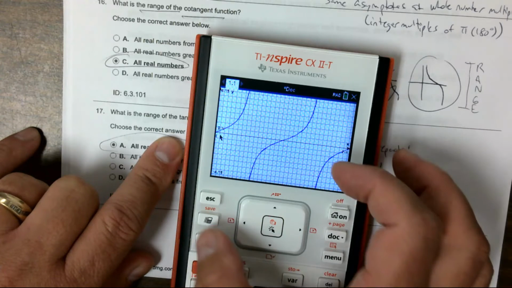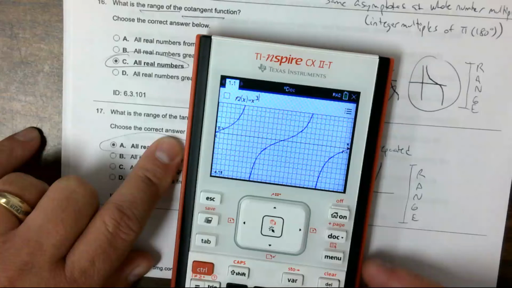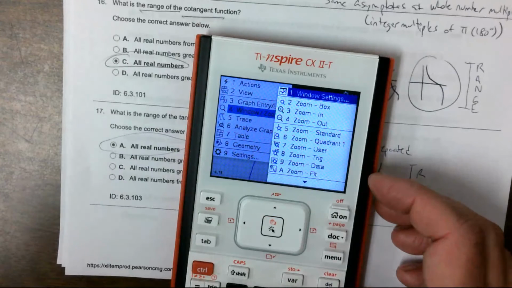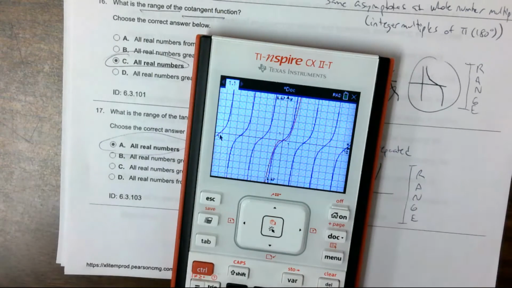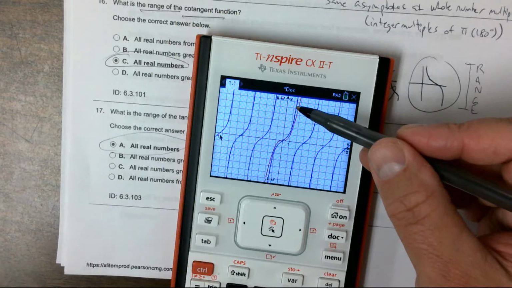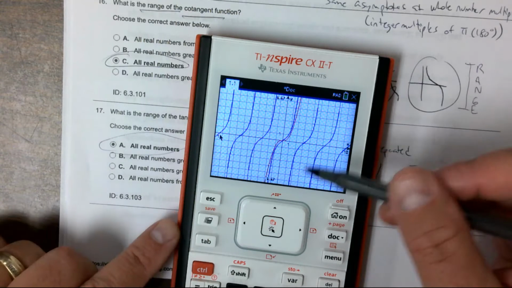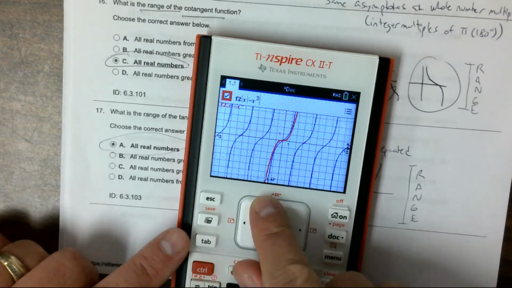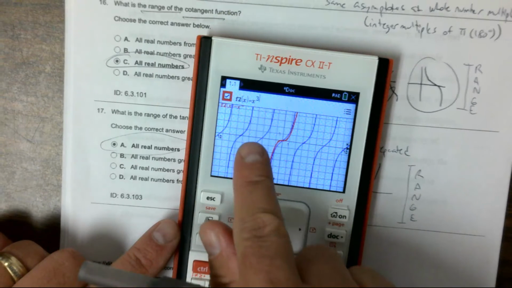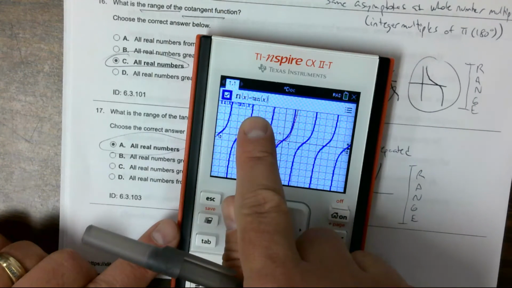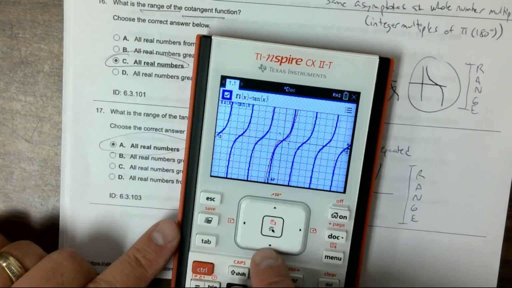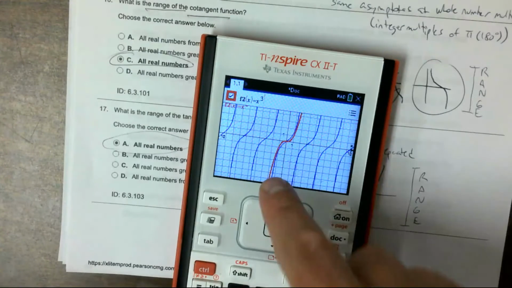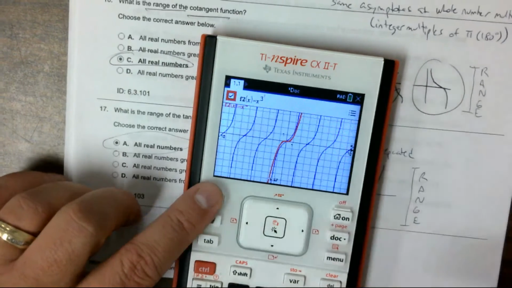And if I go to x to the third, it's kind of like that. Let me go back to a standard window. So there's x cubed, but then the blue one, which is the trig tan x, is over and over again, in front and behind. The blue one is the trig tan x, and the red one is the x cubed. So they are pretty similar, just not exact. And then it repeats.